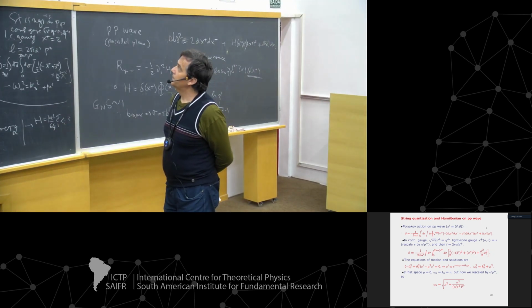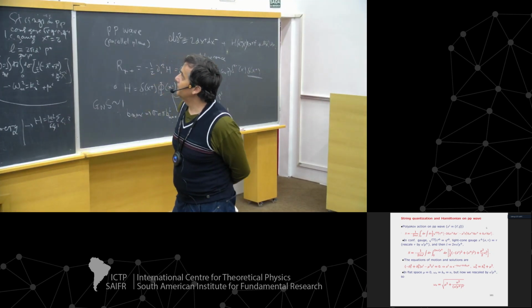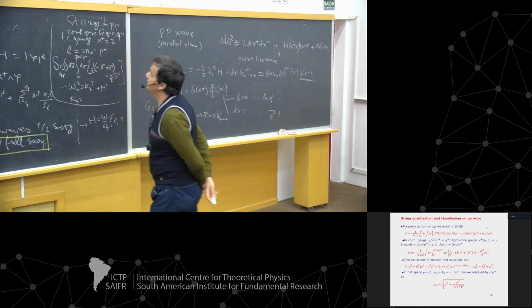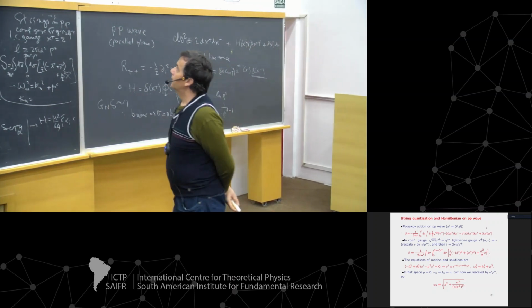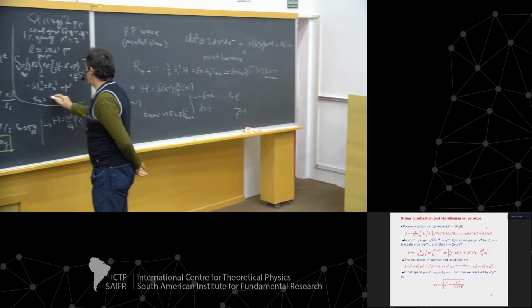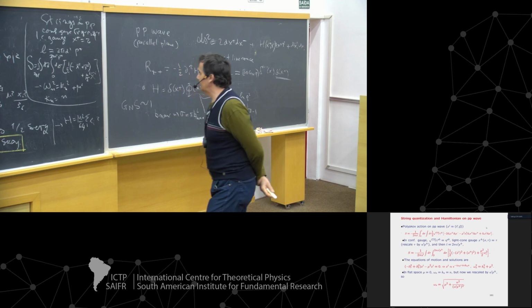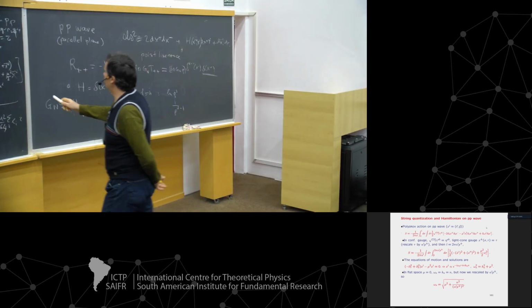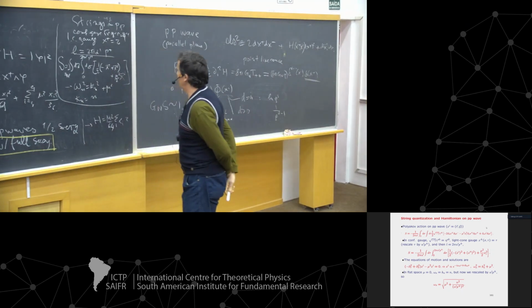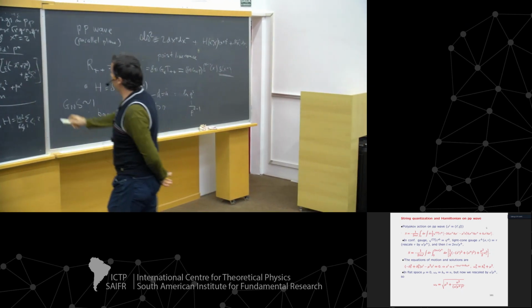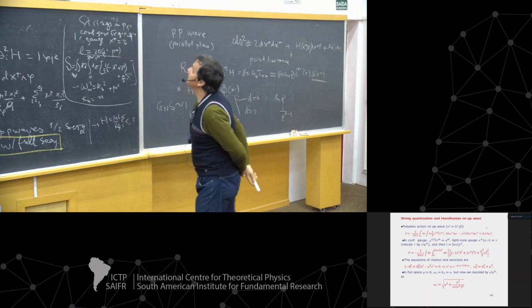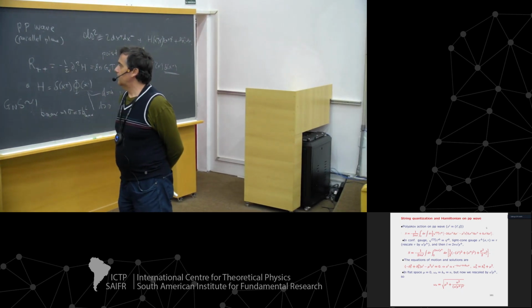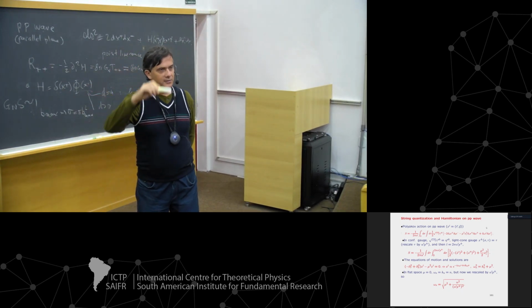And k_n normally would have been n, but now we have rescaled in order to write down the length as 2 pi alpha prime p plus. We have rescaled by alpha prime p plus. Otherwise, the length would have been 2 pi. So we're considering closed strings.